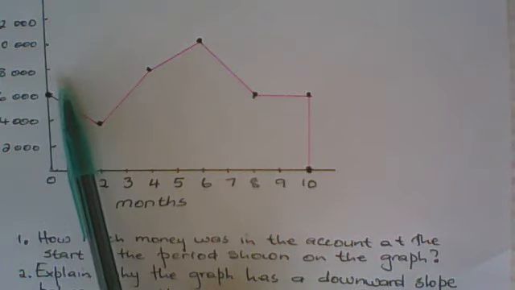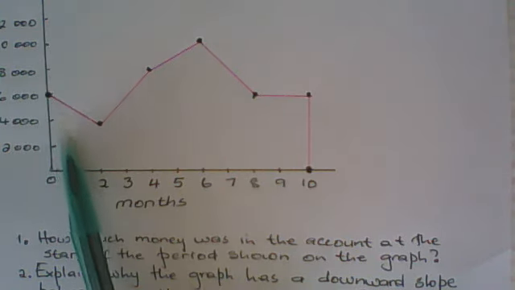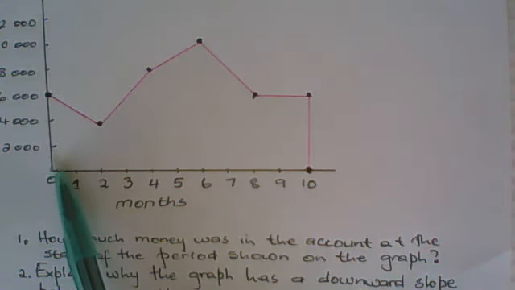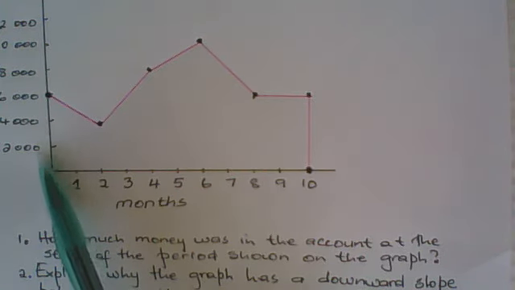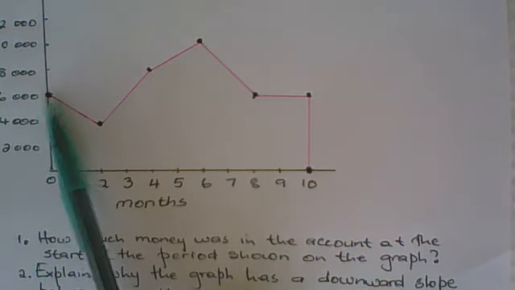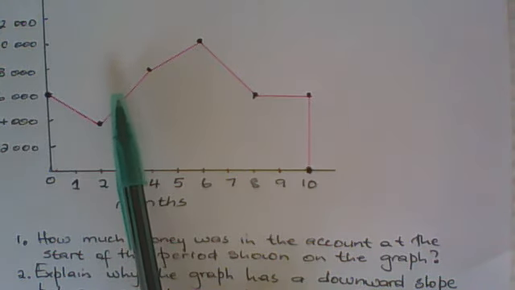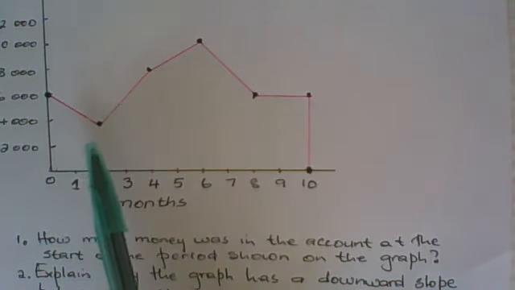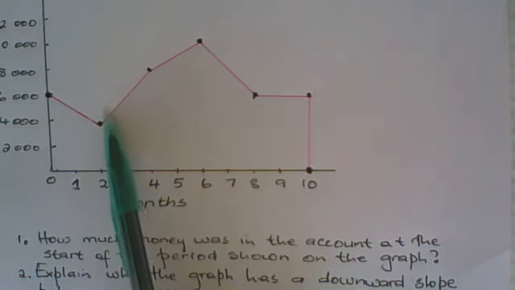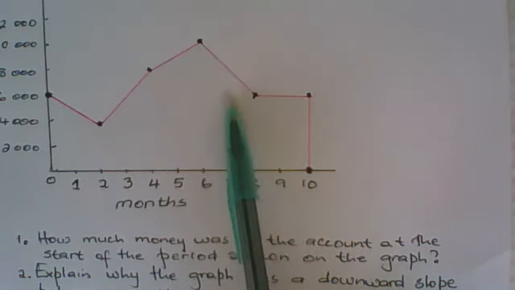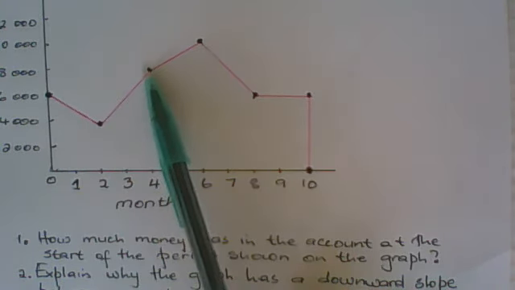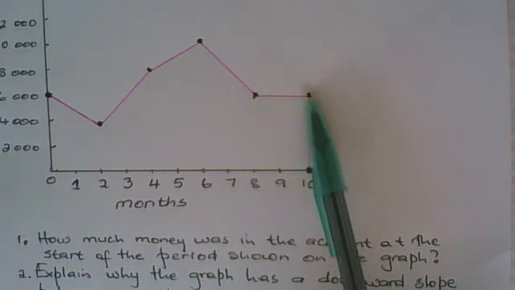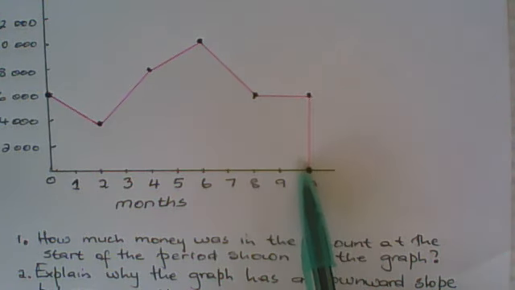Now you can see the relationship of 0 months and money. The relationship of months and money. That is why we have the relationship. Now, that relationship will form a pattern. This is a pattern. Decrease, increase, increase, decrease, no increment, then it drops.